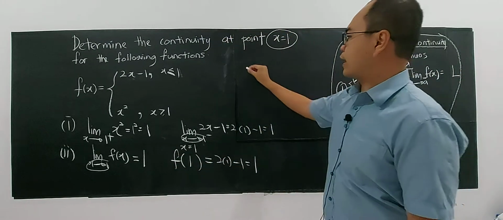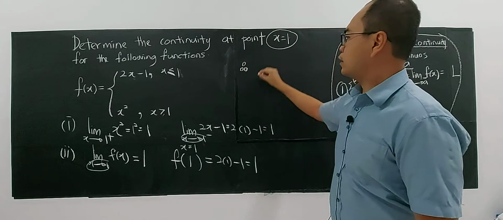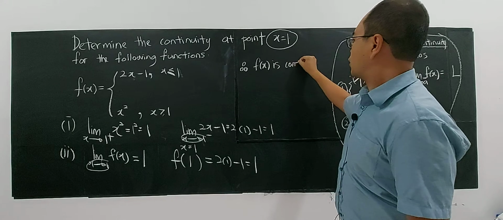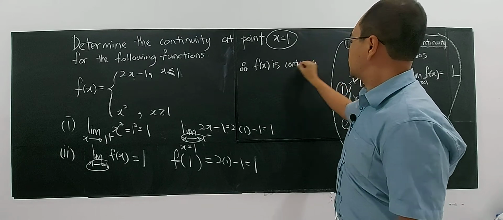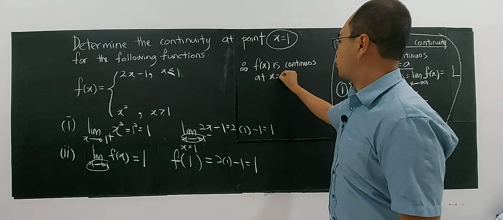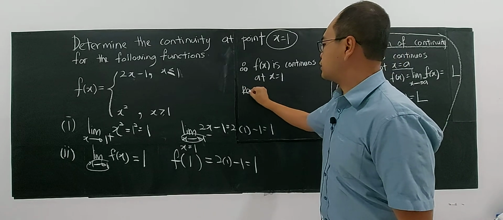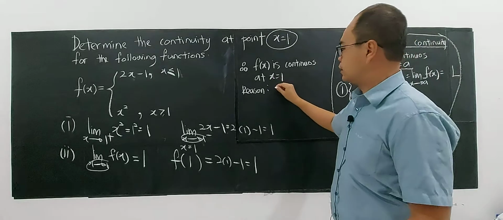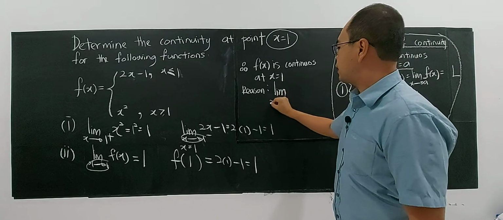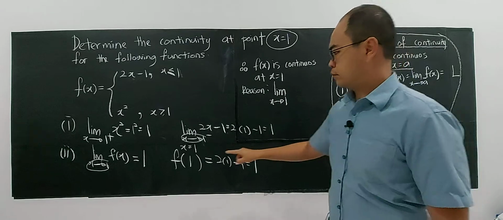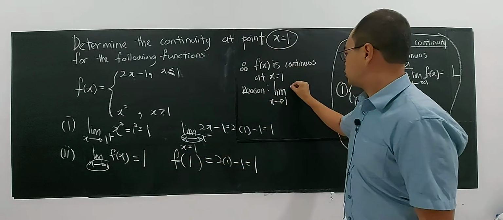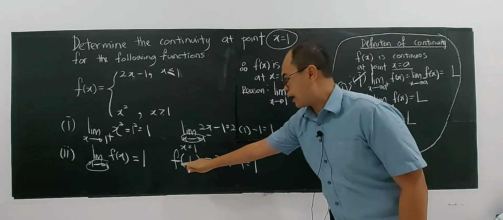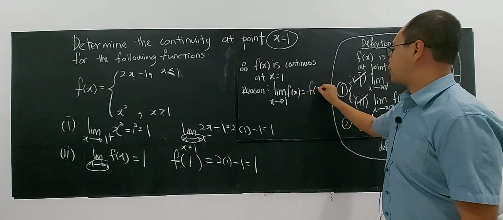Yes. So therefore I can say that f(x) is continuous at x equals 1. What's the reason? If the question asks for the reason, it will be very simple. Just write this statement: the limit as x approaches 1 of f(x) equals f(1).